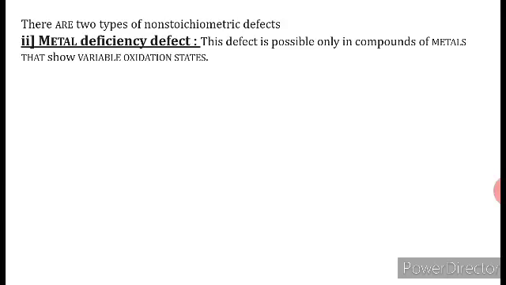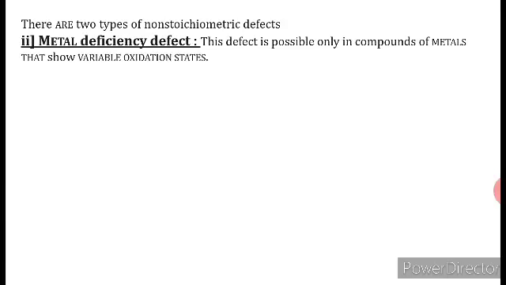Okay, and that is also showing variable oxidation state. Generally, variable oxidation state is shown by transition metal elements. So metal deficiency defect is generally observed in transition metal crystalline solids, which have variable oxidation states.